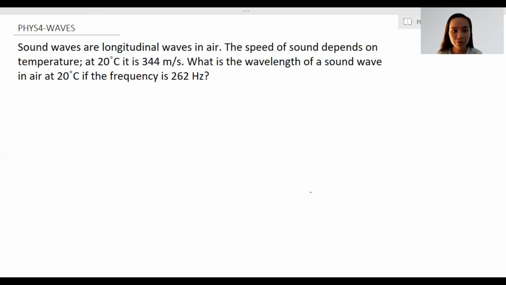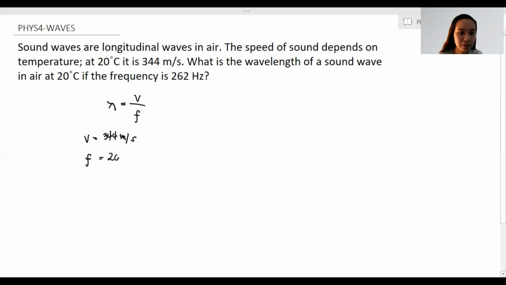Take note that our formula for the wavelength is speed over frequency. And the given here, we have speed, that's 344 meters per second, and the frequency is 262 hertz.